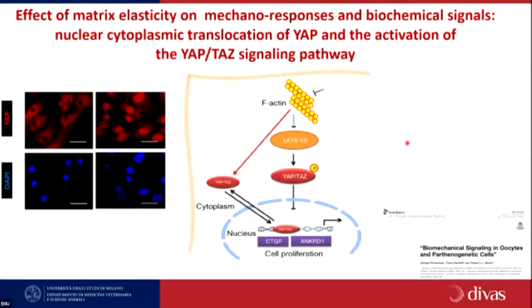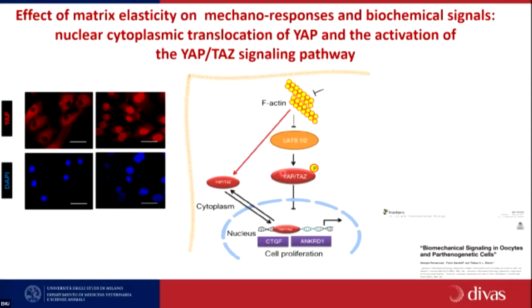The Hippo signaling pathway is a very complex pathway, but to cut a long story short, there are two actors involved, the factors YAP and TAZ, and usually YAP is used as a marker of this.